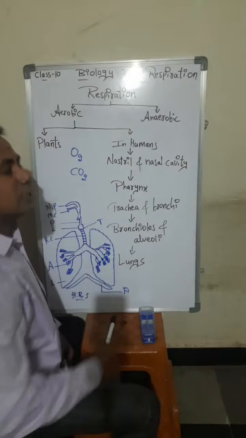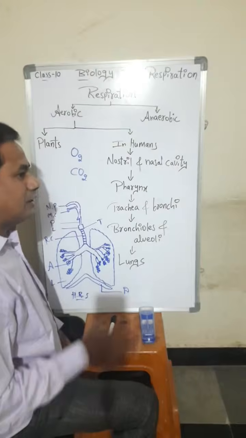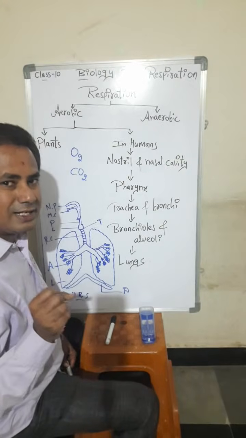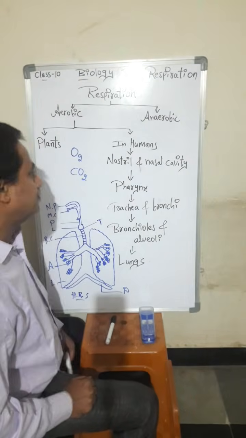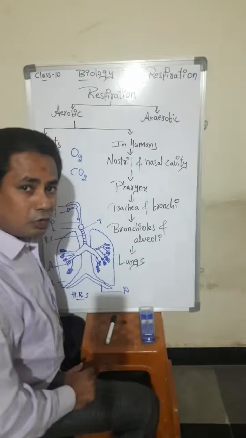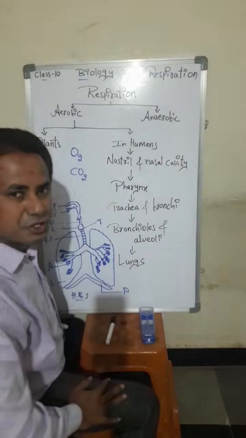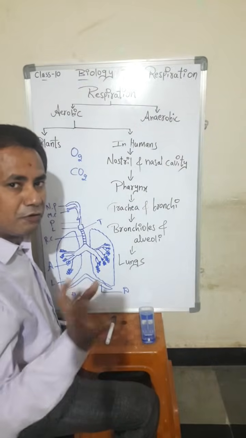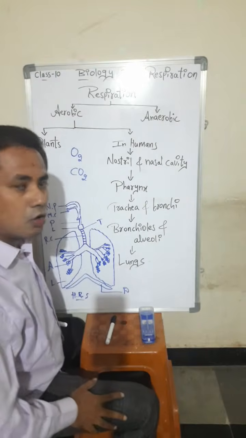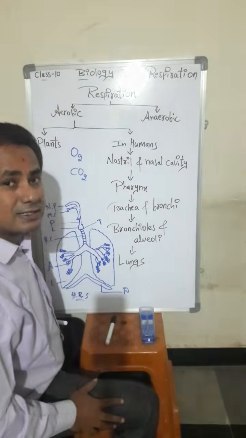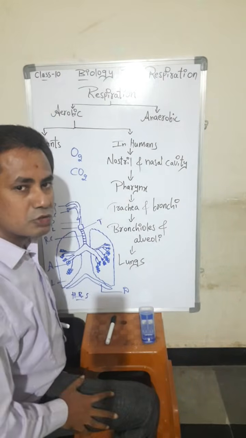During photosynthesis, respiration will also be going on. Remember this very carefully. During photosynthesis, when oxygen is released, they utilize some of that oxygen for respiration. So plants also need oxygen and they release carbon dioxide during respiration. You have to remember, during photosynthesis, they absorb carbon dioxide and release oxygen. More oxygen is released. Some part of oxygen they utilize and the remaining oxygen they release into the atmosphere.